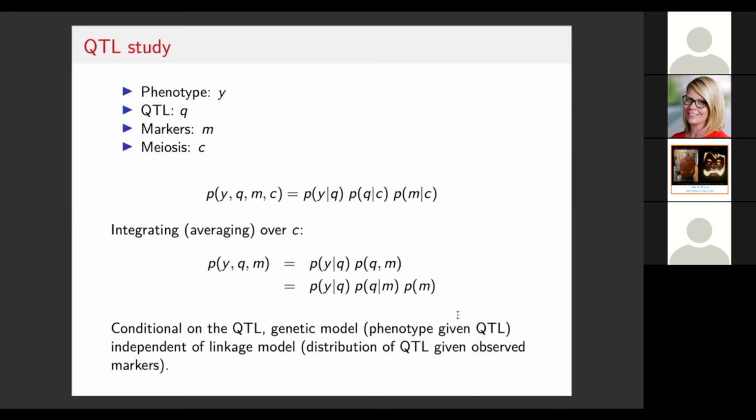This decomposition allows you to separate the problem of filling in missing genotypes, or the unobserved state of an individual at a given locus, from the problem of modeling the genotype-phenotype model, the QTL genotype model.